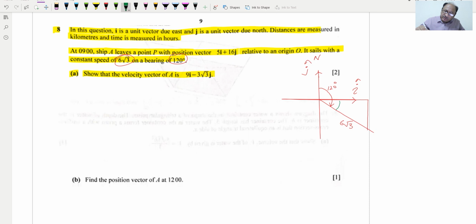This angle in this triangle will be 30 degrees. Basically, we can take x as this side, and this side is the hypotenuse.